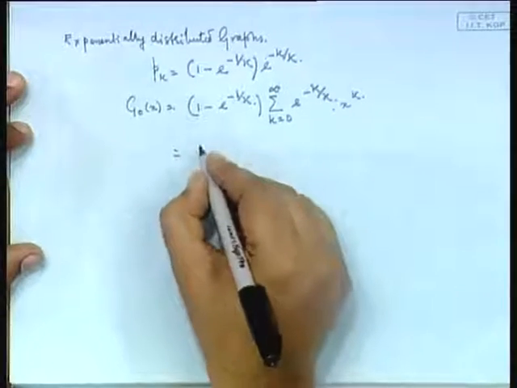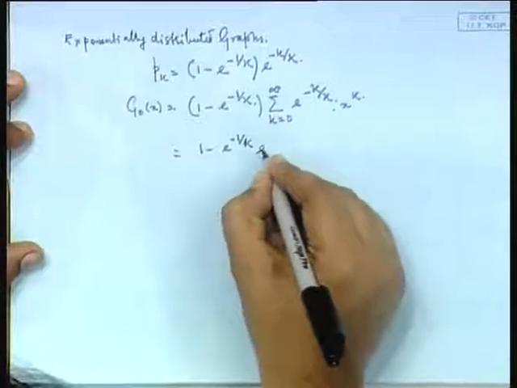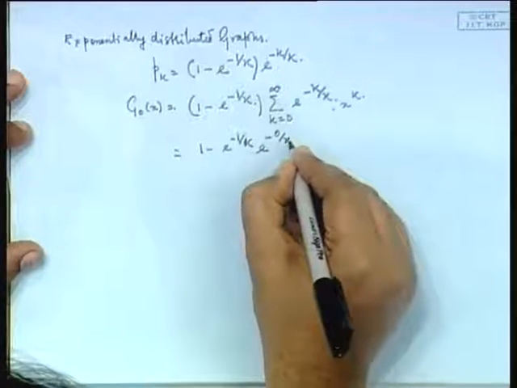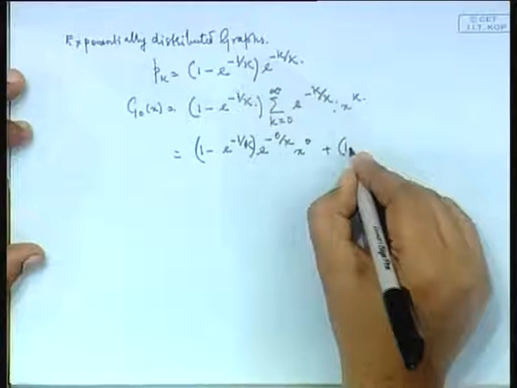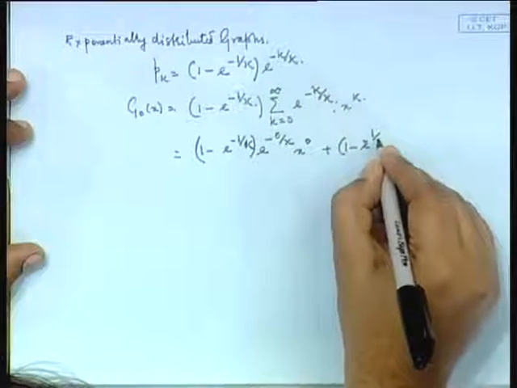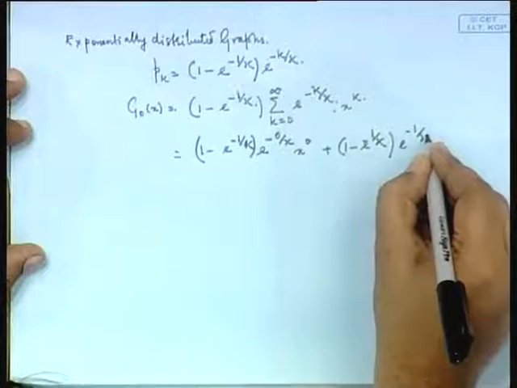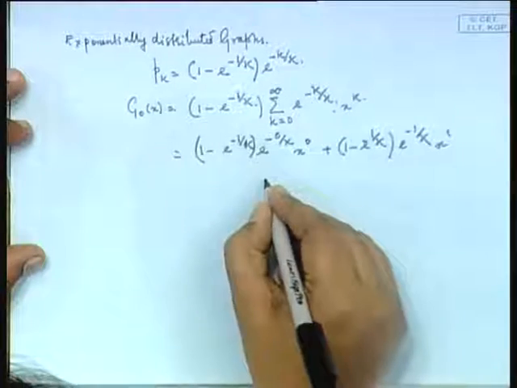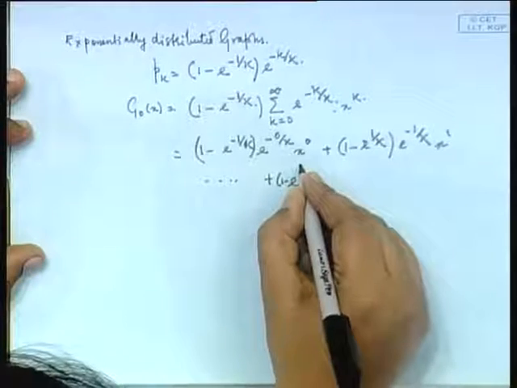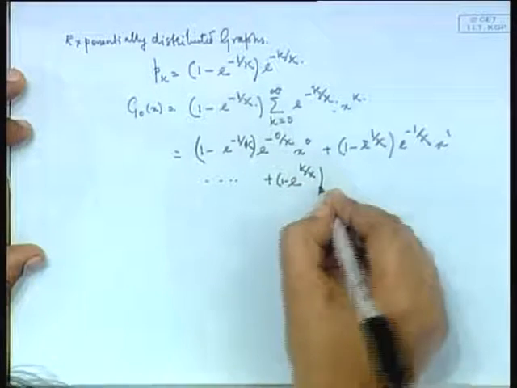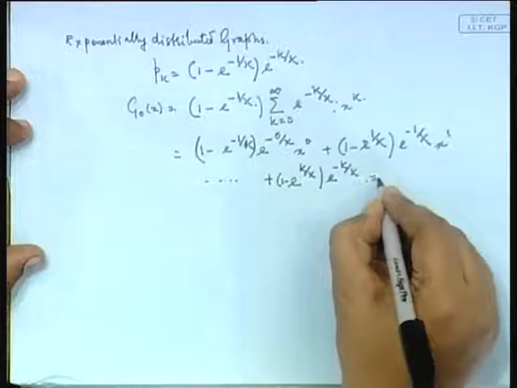So, I can write it as summation of e to the power minus kappa x whole to the power k.